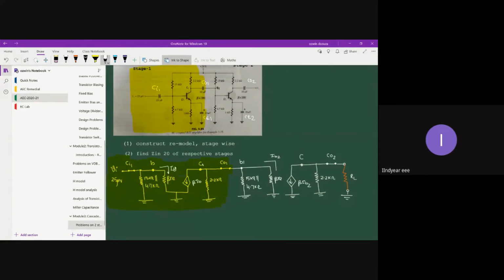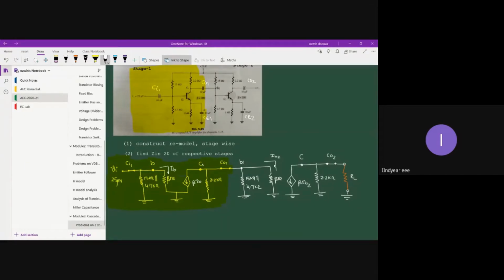You know that biasing resistors are going to occupy a path which is parallel to the beta RE path in case of a bypass capacitor circuit. So you have 15 kilo ohm in parallel with 4.7 kilo ohm on the input side, and on the output side you have the collector resistor 2.2 kilo ohm across the collector to ground path.